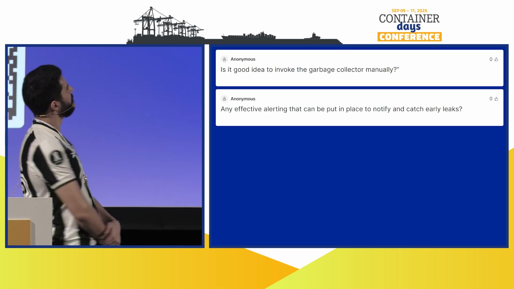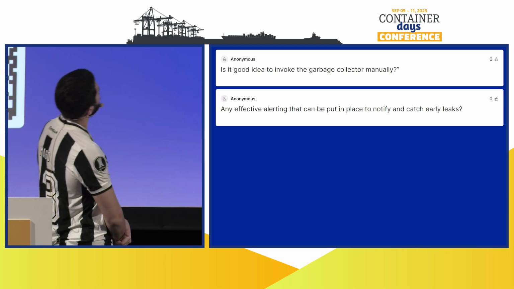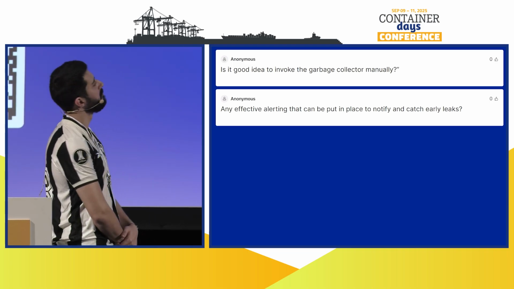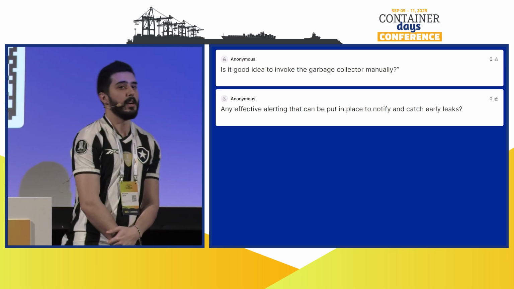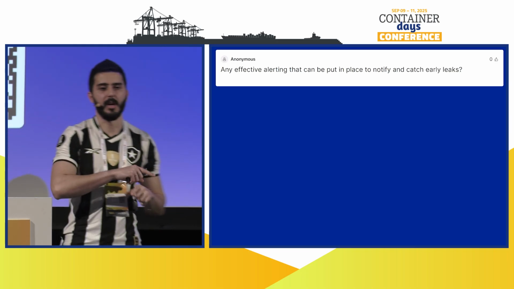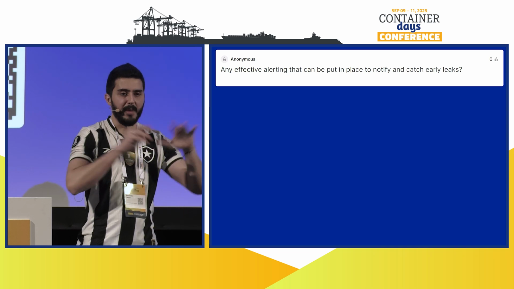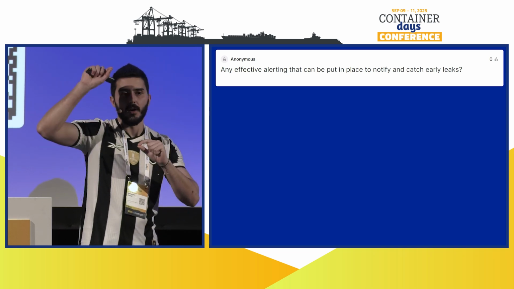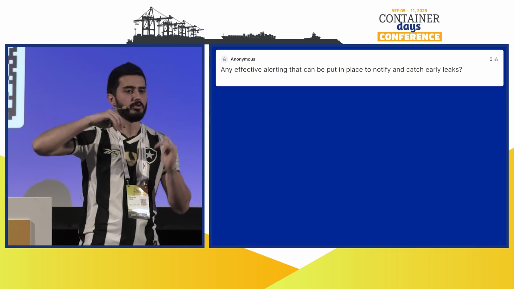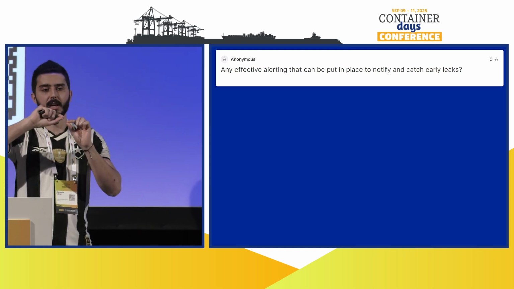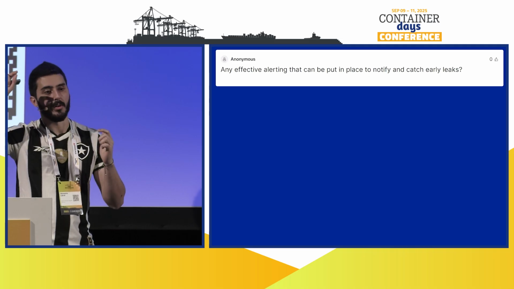Thank you. The next question is about any effective alerting that can be put in place to catch leaks early. Yeah, usually you can create alerts for memory, like we saw for metrics, okay? So heap metrics: if you see a huge peak happening, you understand what's the default that you are expecting, and if you see a huge jump, you can set an alert.